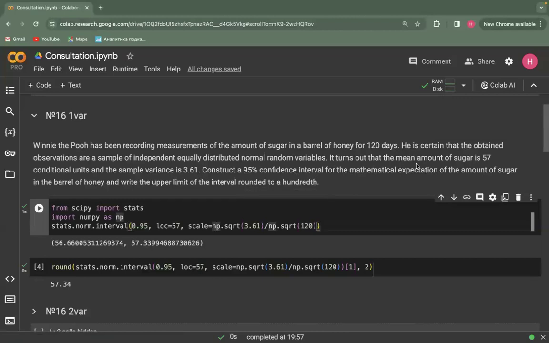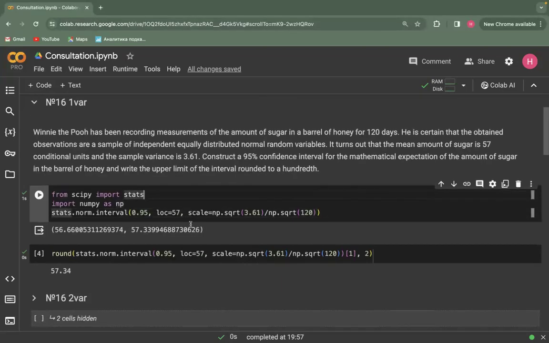It turns out that the mean amount is 57, and the sample variance is 3.69, and they construct a 95% confidence interval. In this exercise, they ask us about the upper limit of the interval, rounded to hundredths.